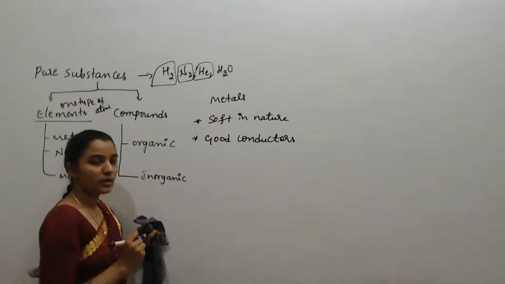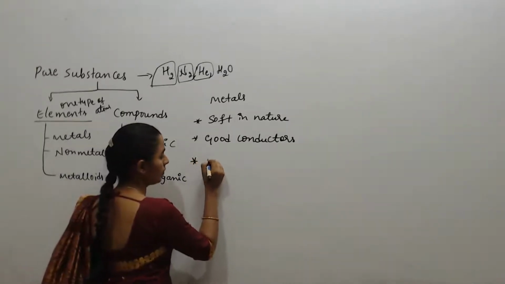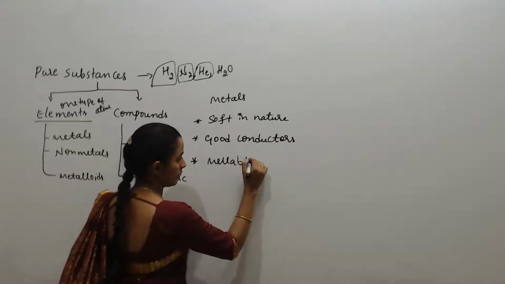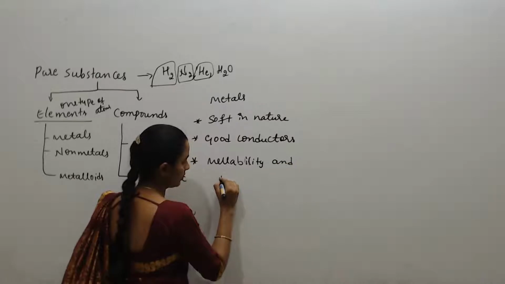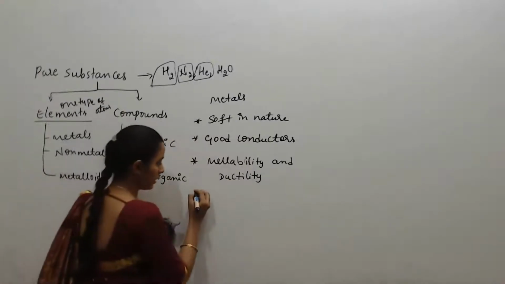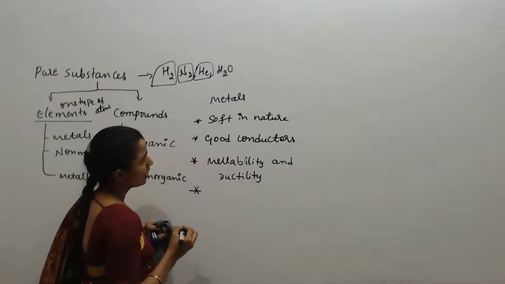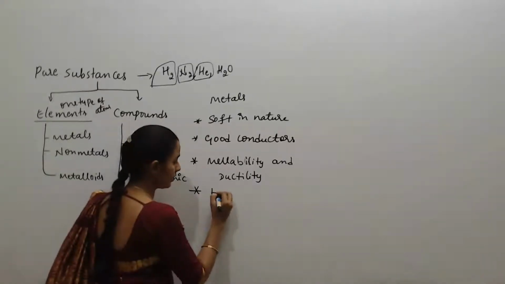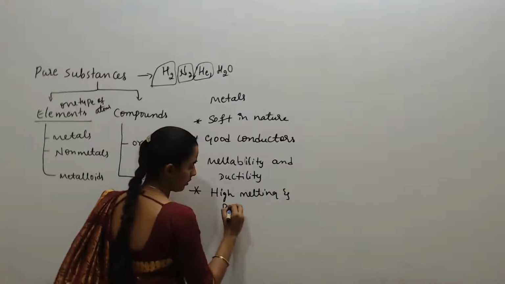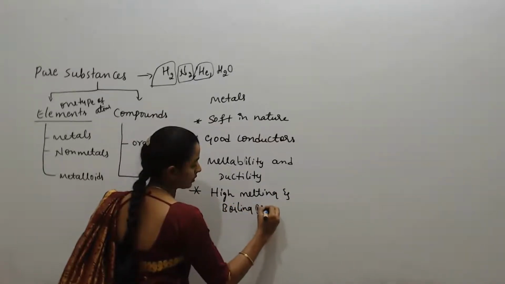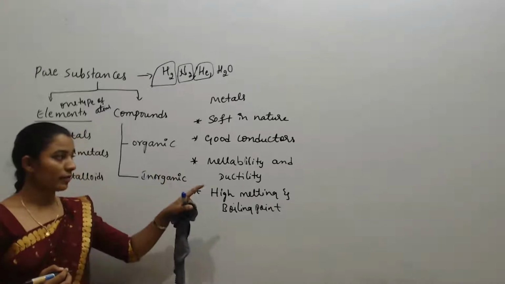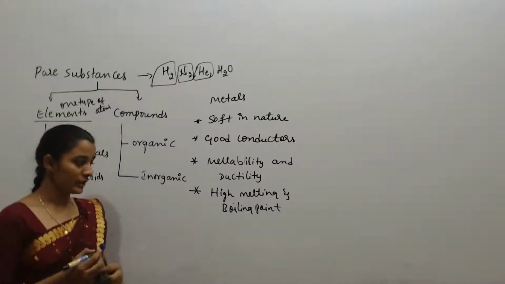They have the properties of malleability and ductility. They also have high melting and boiling points. So they are soft in nature, good conductors of heat and electricity, malleable and ductile, and have a high melting point and boiling point.